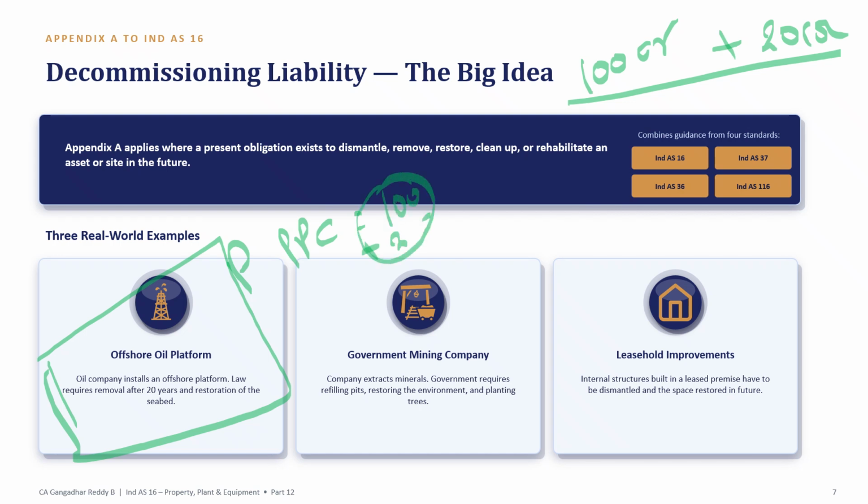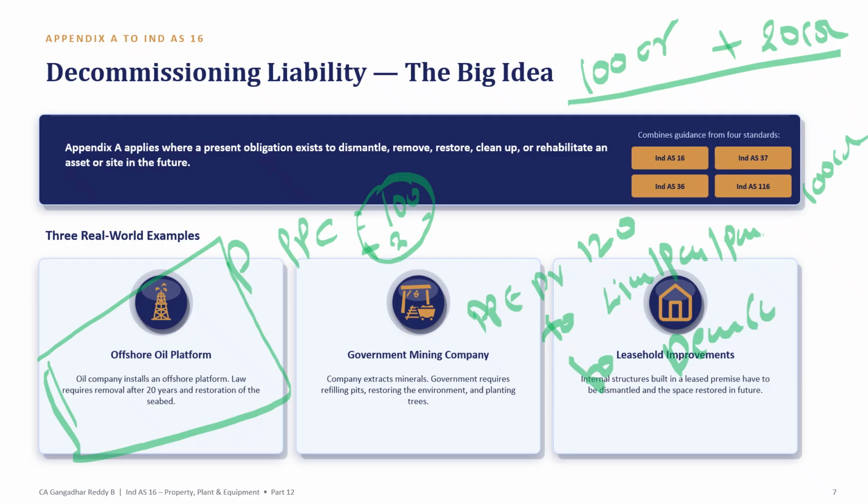I'm giving the entry here: PPE debit 120 crore, to liability or payable 100 crores, which we are paying or is payable immediately, and to decommissioning liability 20 crores.